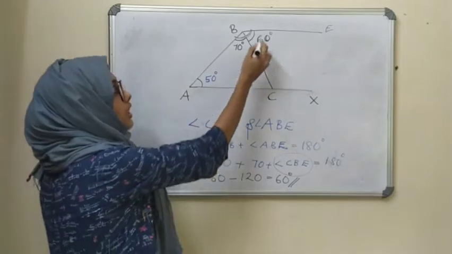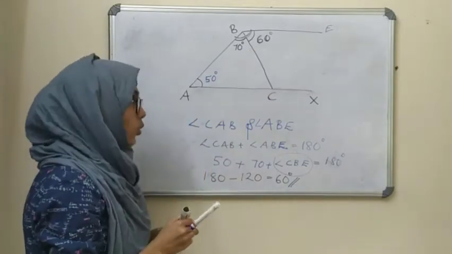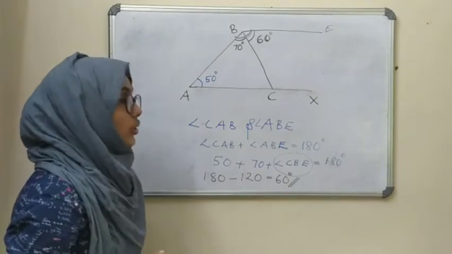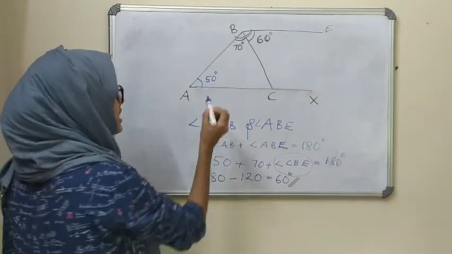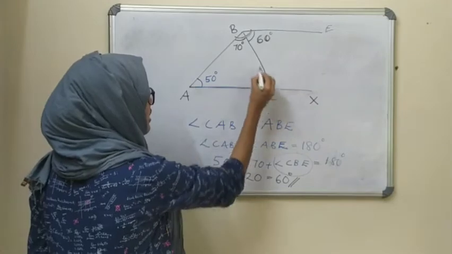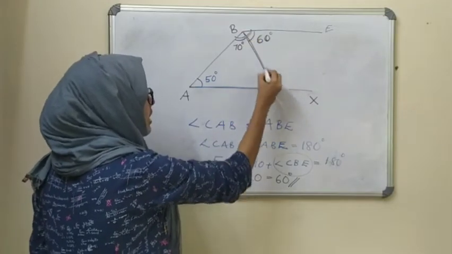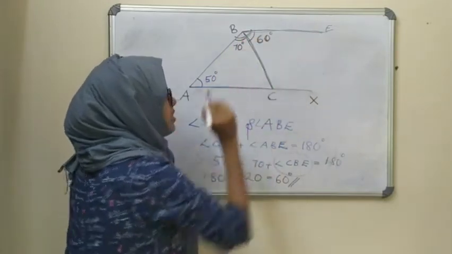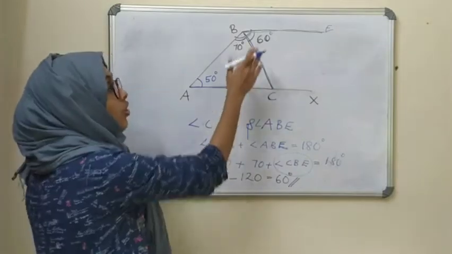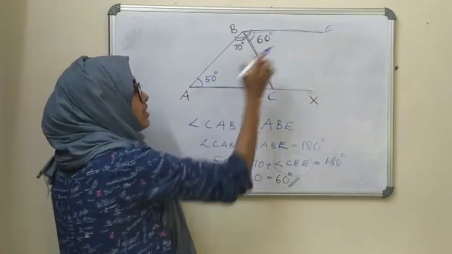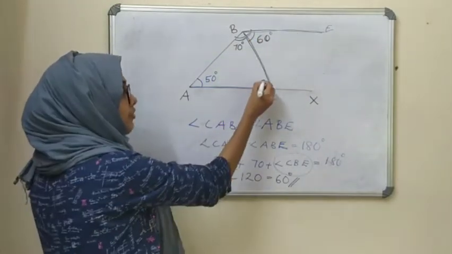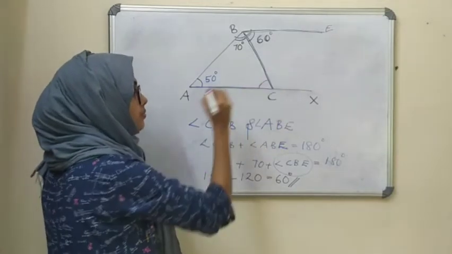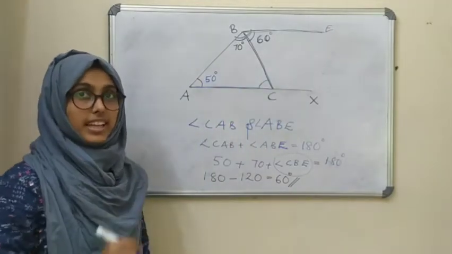So here we got 60 degrees. Now let us concentrate on these three lines. Can you find this angle now? Can you find that angle?